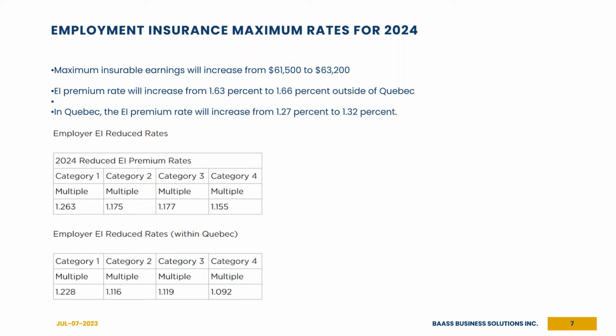If you are in Quebec, the EI premium rate will increase from 1.27% to 1.32%. There are also reduced rates on the screen that you can take note of, and this has all been published either through the Canadian Payroll Association, also known as the National Payroll Institute, or on the CRA website.